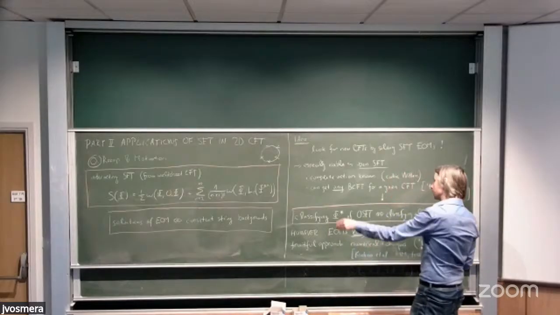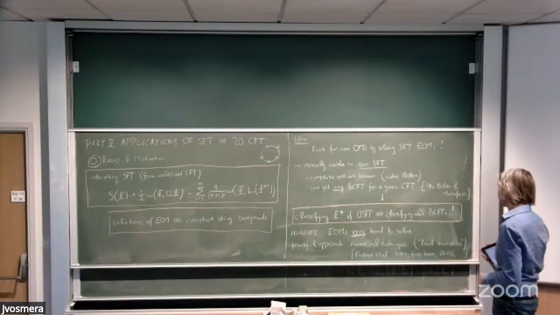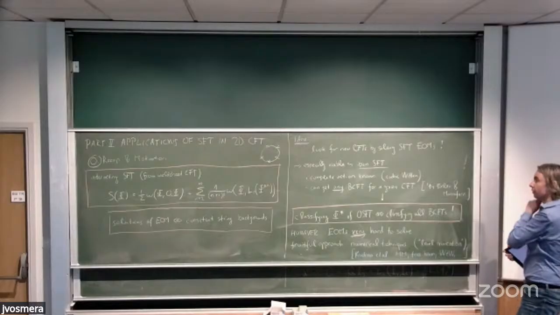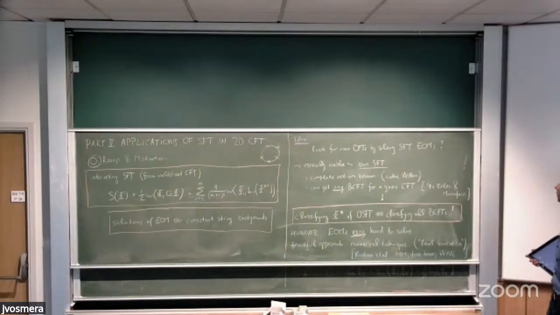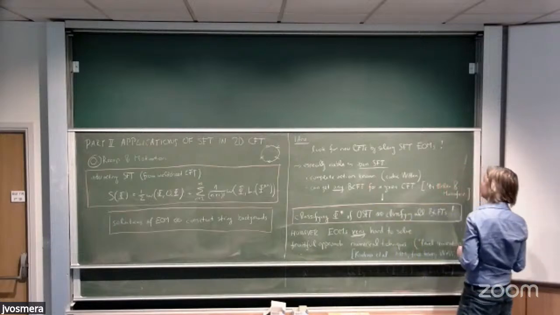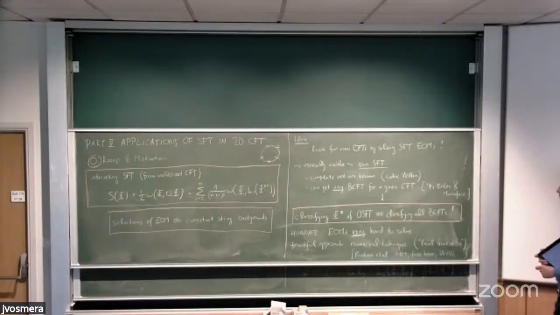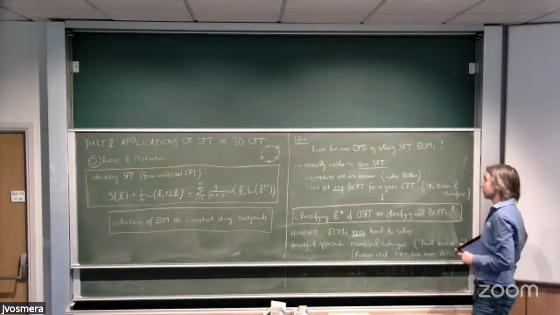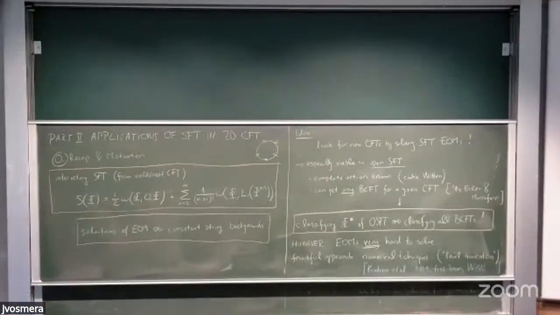So now, having said all of this, we can see that in the case of string field theory, we actually have a potential of going the other way around, right? So the idea would be precisely to look for new CFTs by solving the string field theory equations of motion. So this program seems to be especially viable in the case of open string field theory, right?